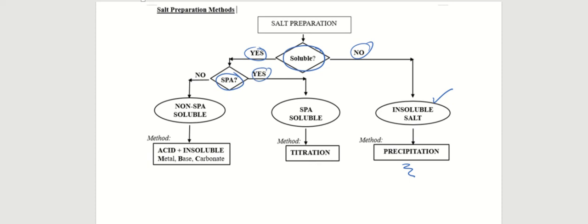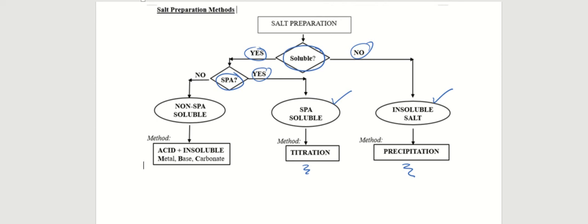If it is a spa salt, then we refer to the salt as a spa soluble. When I say spa, I mean sodium, potassium, or ammonium salts. So if it is a spa soluble salt, we use the titration method, which typically involves the neutralization reaction between an acid and an alkali, or an acid and a soluble carbonate.